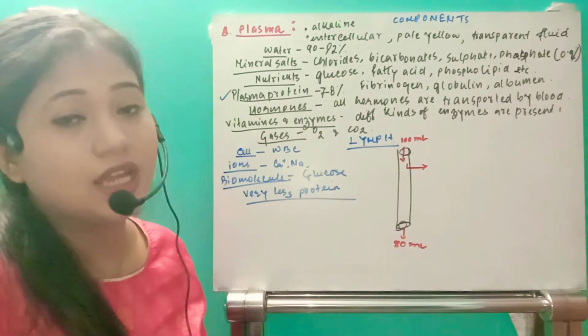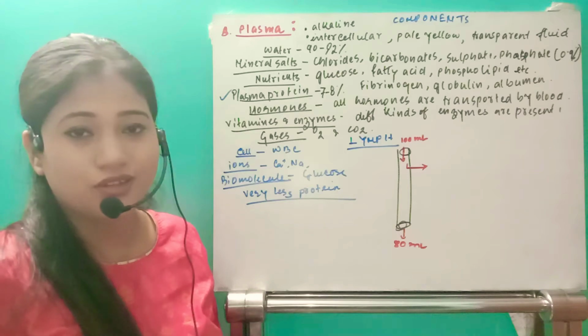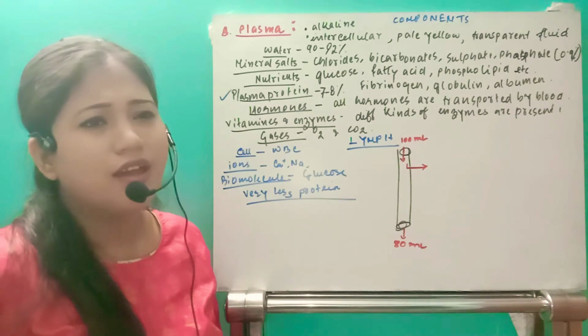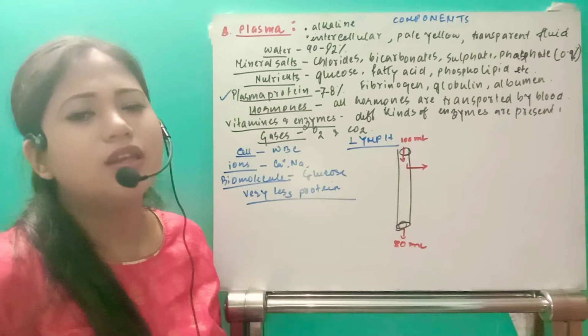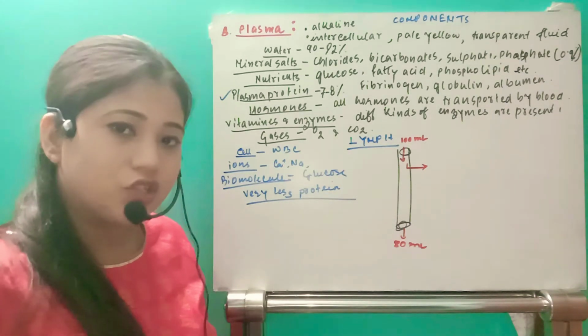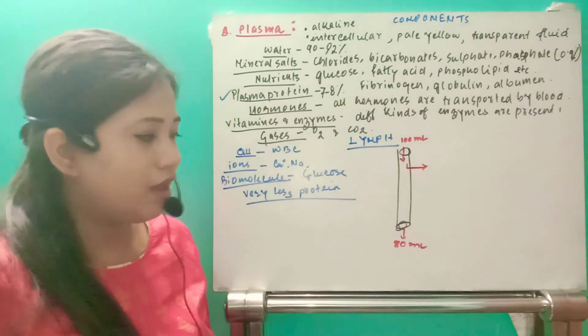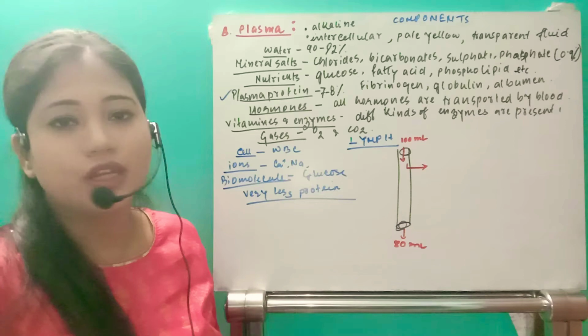I told you about the tight junction, that tight junction prevents leakage across the membrane, but all the time it is not possible. Some amount of blood will squeeze out, you cannot stop it. Tight junction will try to maximally prevent the loss, but some amount of fluid will come out.